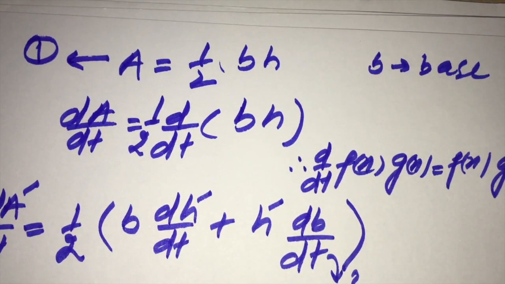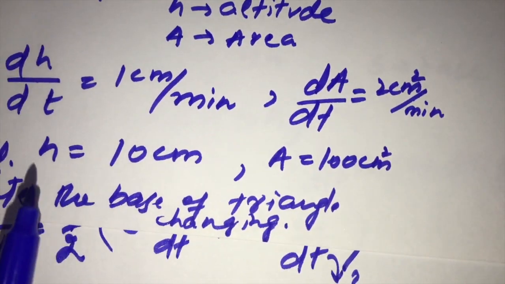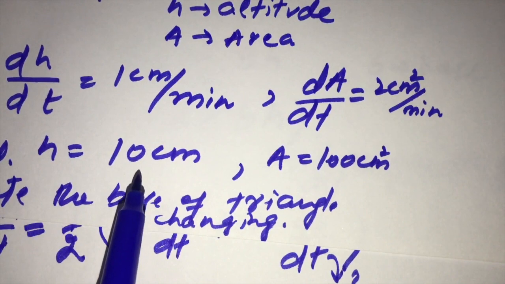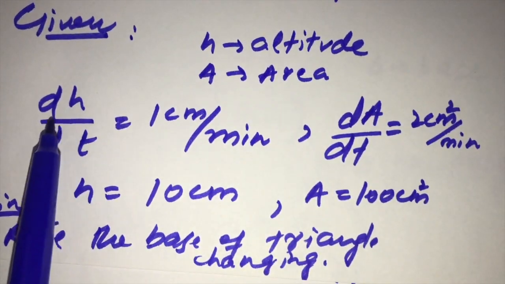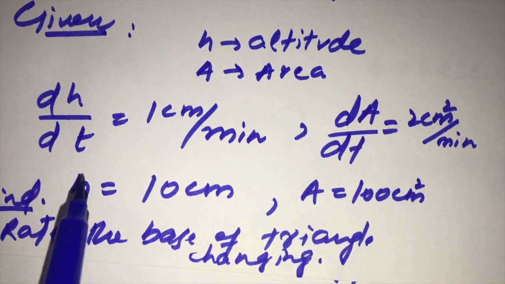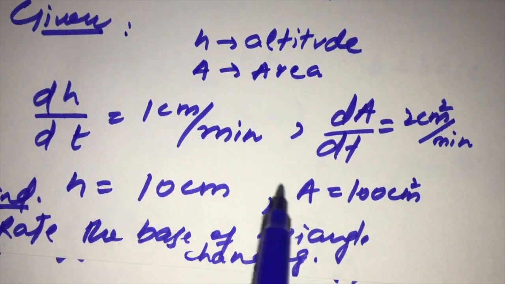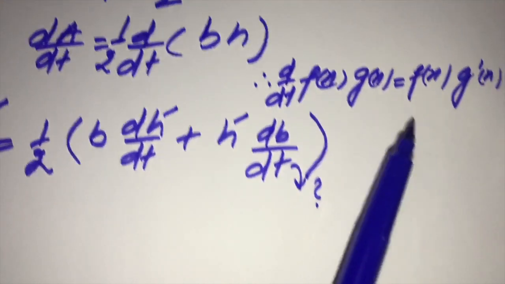As we are given A and H, we know that H is equal to 10 centimeter and area is equal to 100 centimeter square, and we are also given dH by dt and dA by dt. So from these values we find the value of B, the base.